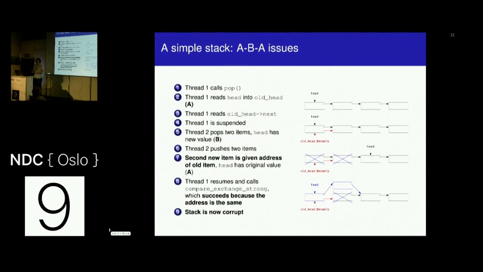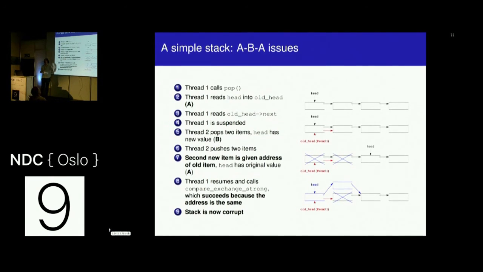If you call new and then call delete and then call new again with an object of the same size, you might well get exactly the same pointer value. And so when we stick the items on the stack, the new one that we just allocated has the same address as the old one we just freed. But it's a new node. So head now has the original value of A, but it's a new node A, and not the original.